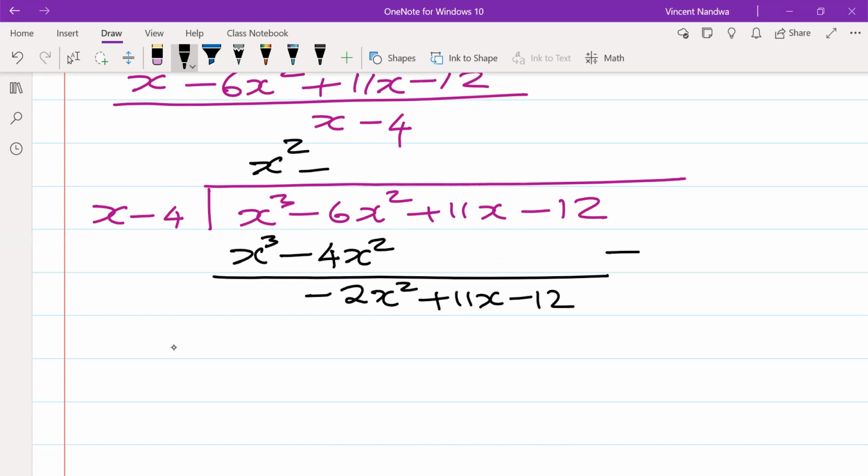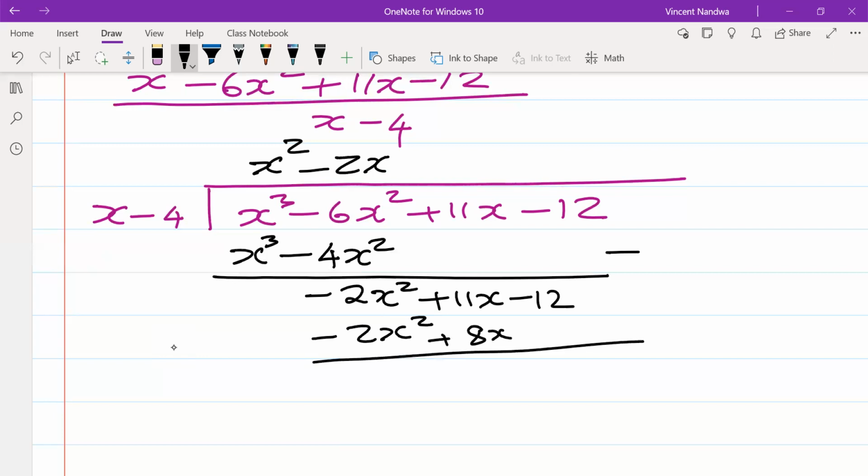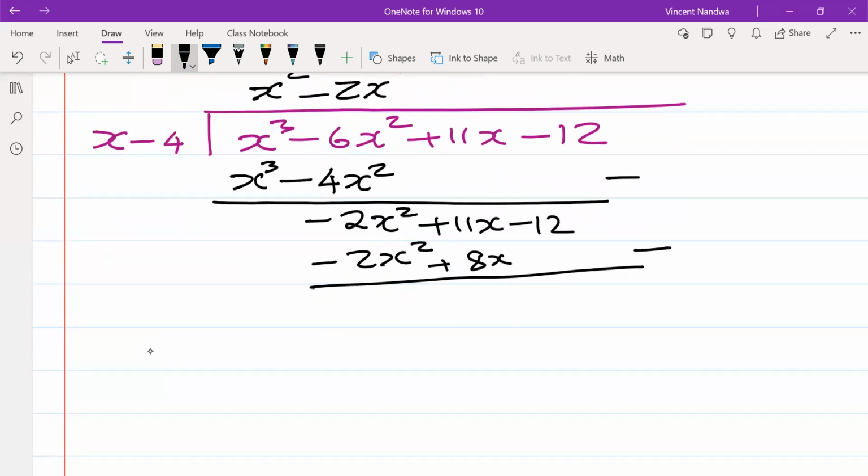So that is negative 2x. Negative 2x by x is minus 2x squared. Minus 2x by minus 4 is plus 8x. Then you subtract. Minus 2x squared minus minus 2x squared is 0. 11x minus 8x is 3x. And then you bring down minus 12.